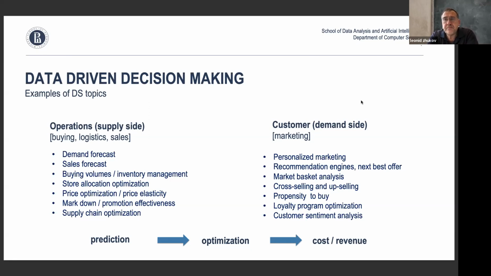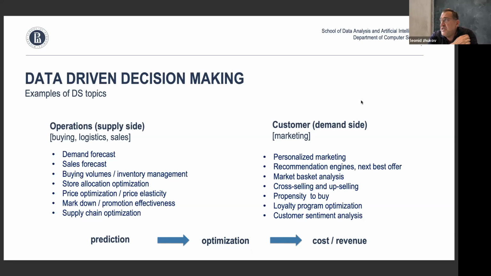And cross-sell is offering you a product that you might want to buy from a different category of products. Propensity to buy is trying to calculate the probability, the likelihood that a customer will buy a particular item depending on its price.